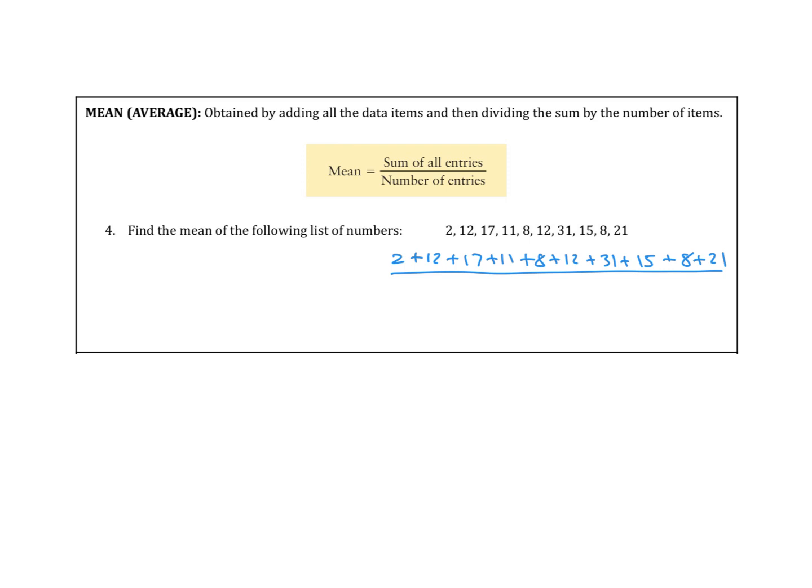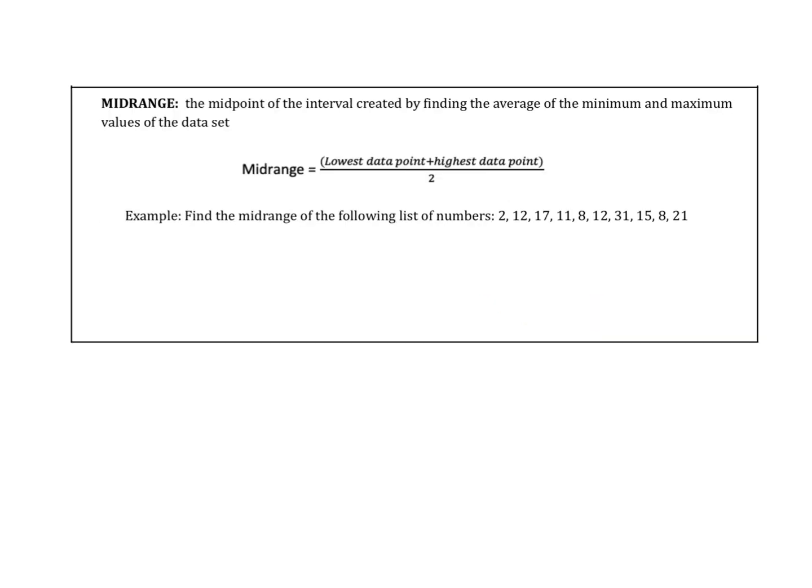So I divide by 10, the number of data values in my set. That gives me 137 divided by 10, which is 13.7. And that's my mean.